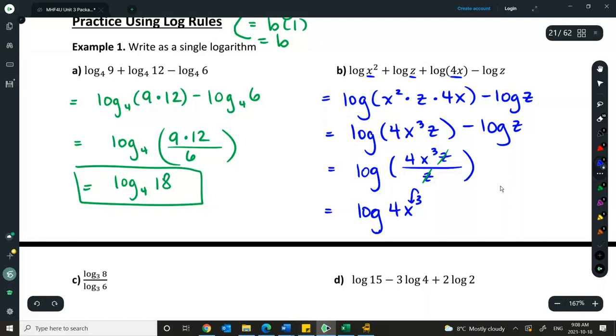Just the x. So I would want to be careful because there's a difference between log of 4x cubed and log of 4 times x cubed. In this case, I'm okay to bring this cube down. In the case that we have right now, I would not want to bring that cubed down in front. Okay, because only the x is cubed. It would need to be the whole thing inside the logarithm that's cubed. So just be mindful of that.